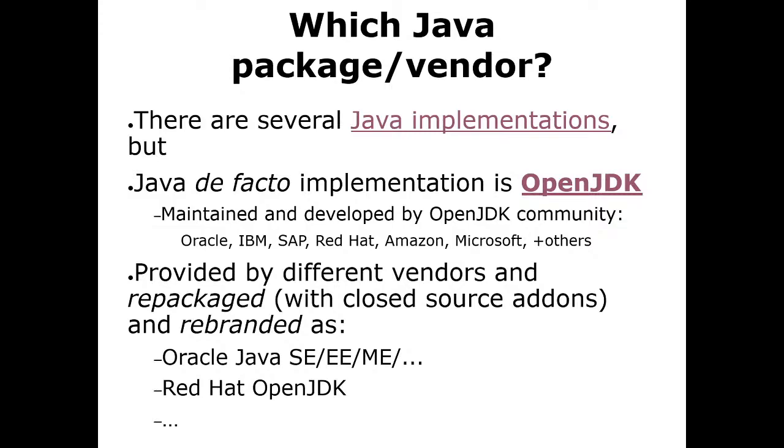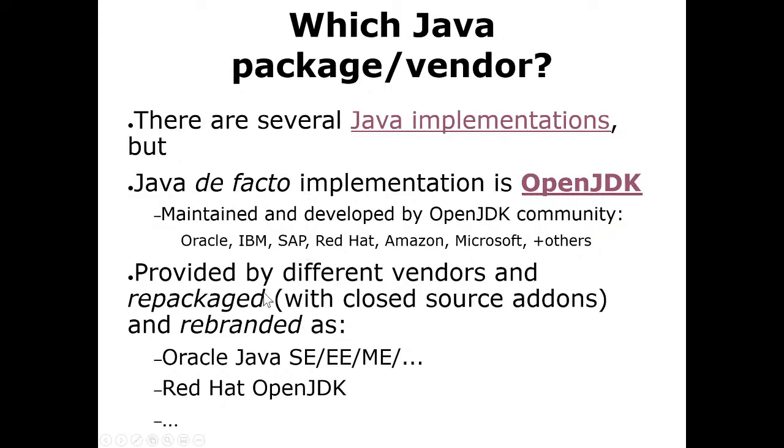Which Java development kit to use? Yes, which Java implementation to use. Practically everything is implemented in OpenJDK. It's maintained by the OpenJDK community, Oracle, IBM, SAP, Red Hat, Amazon, Microsoft, and other companies.